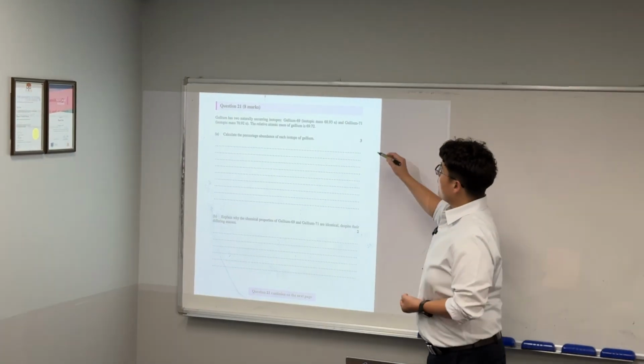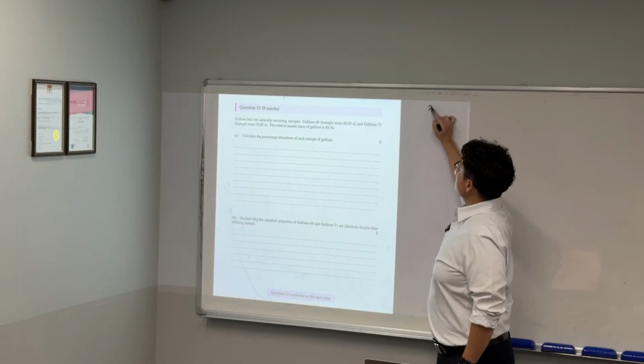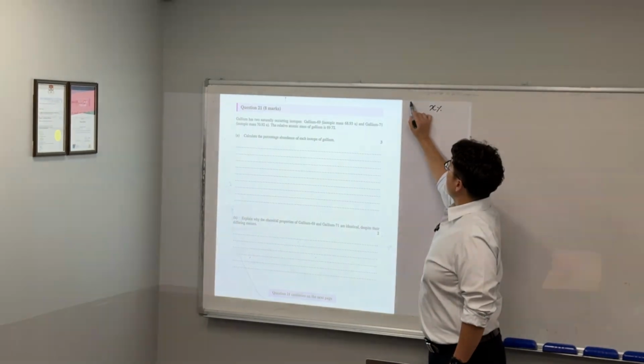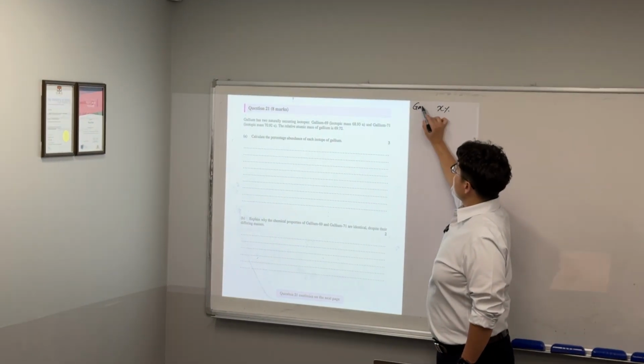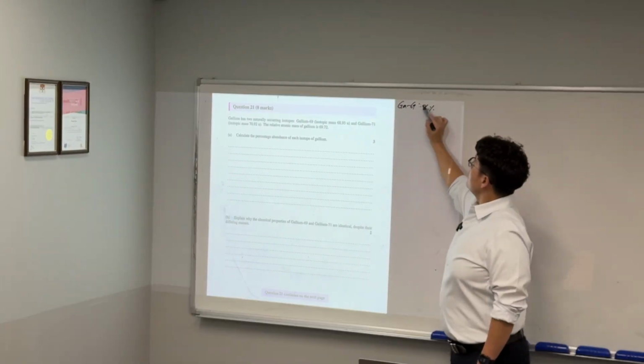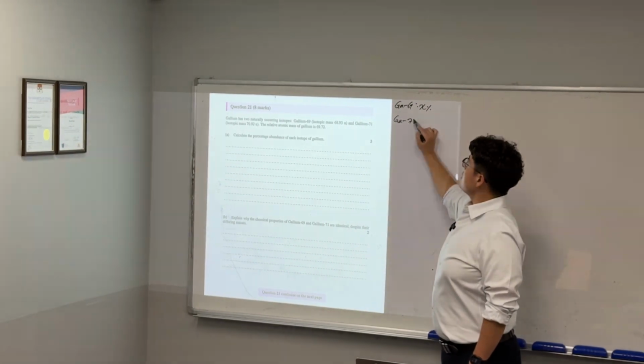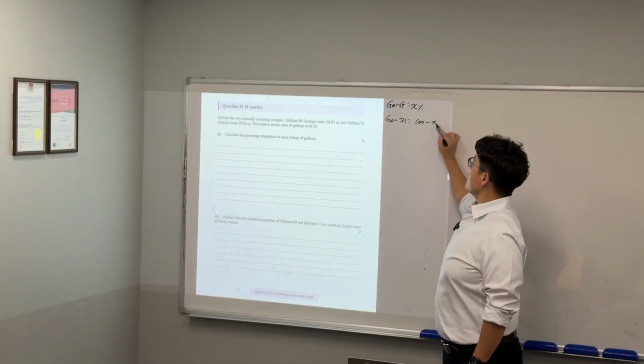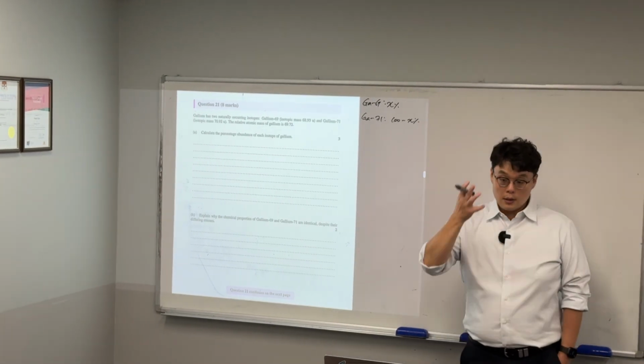In other words, to get that, you have to understand that if we have X% of gallium-69, then gallium-71 must have 100 minus X%.